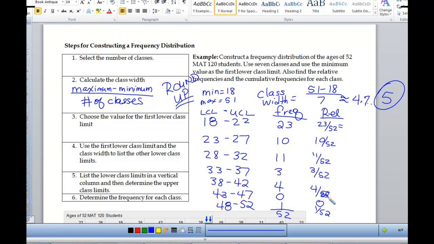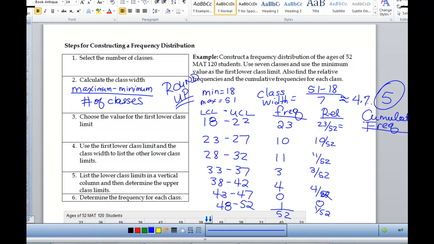Here's the cumulative frequency. Cumulative frequency counts the number of values in the class that I'm looking at and in each of the previous classes.